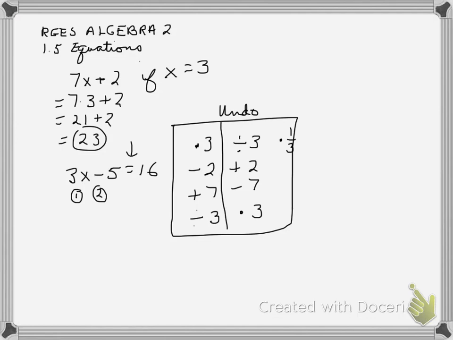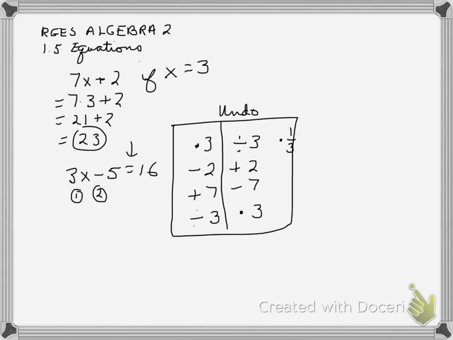My question now is, I have two operations, the multiplication and the subtraction. Which one do I have to undo first? Well, we do it in the opposite order of the order of operations.